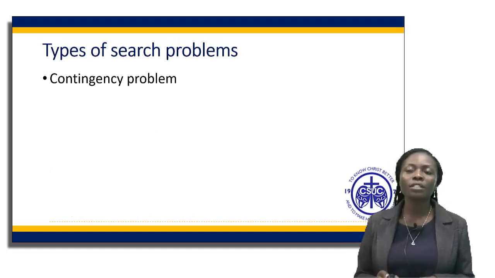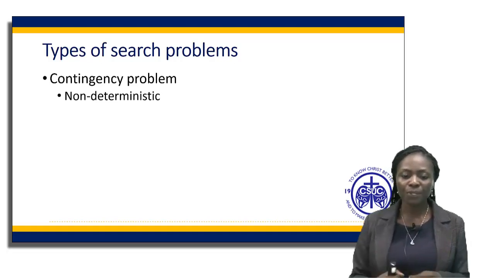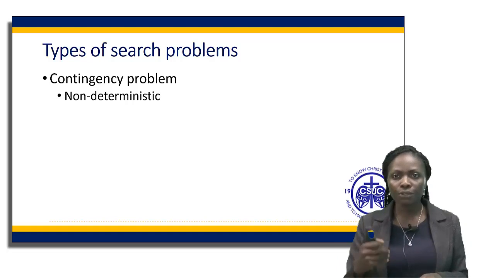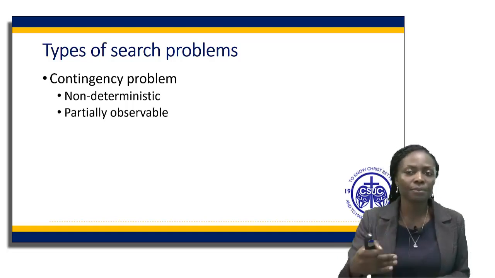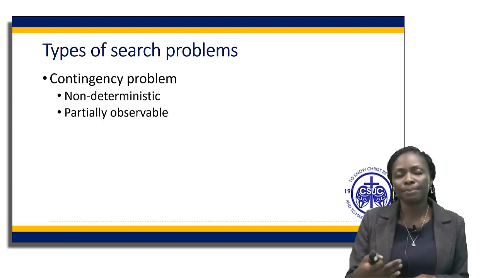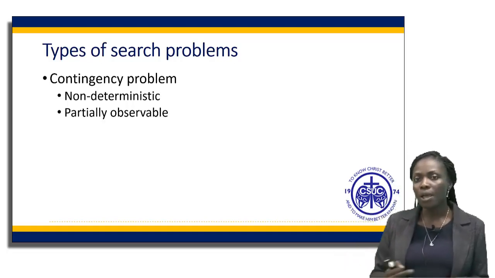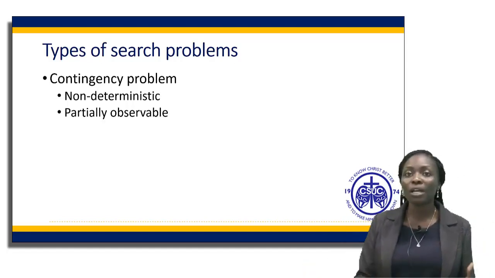Then we have the contingency problem. It is non-deterministic, meaning that when we take an action, we are not 100% sure of the result of the action that we are going to take. So we cannot say that the next state of the problem is determined by the move that we make. It is partially observable. We can't see all the things that are associated with a state from one corner.